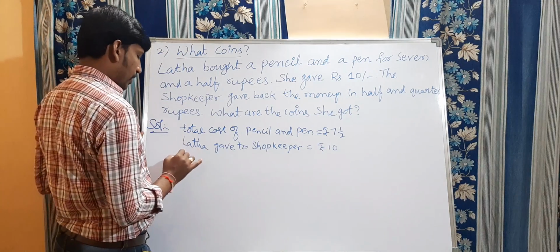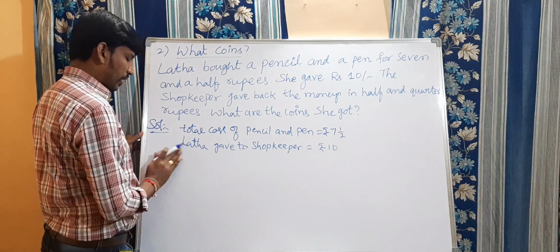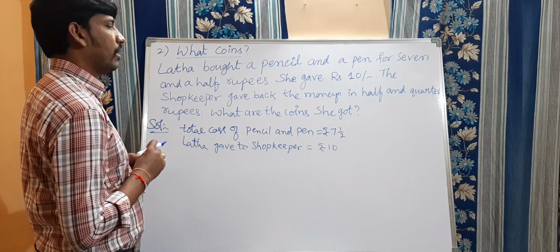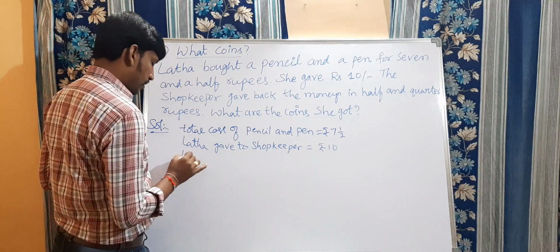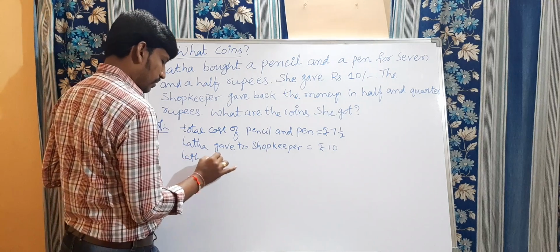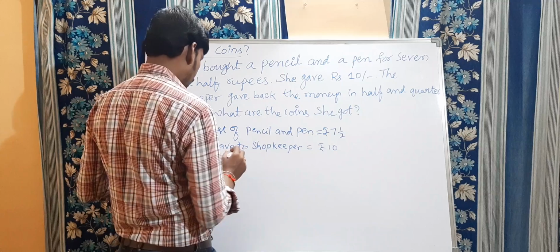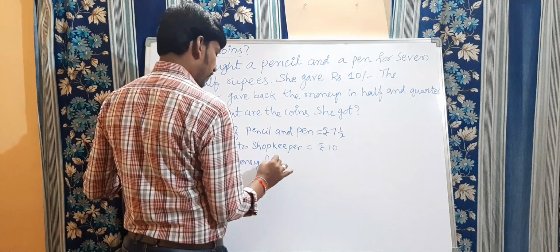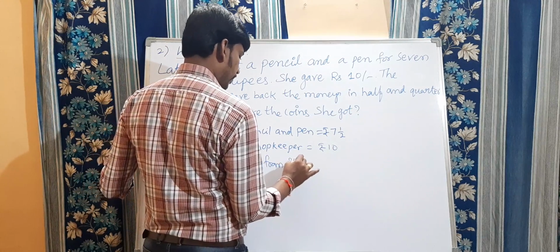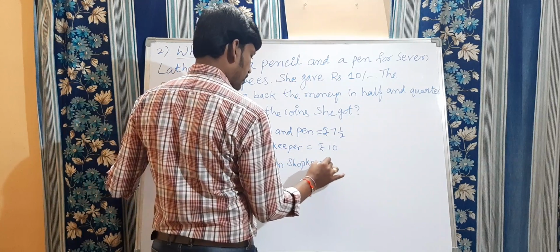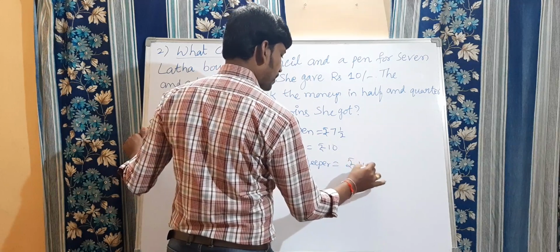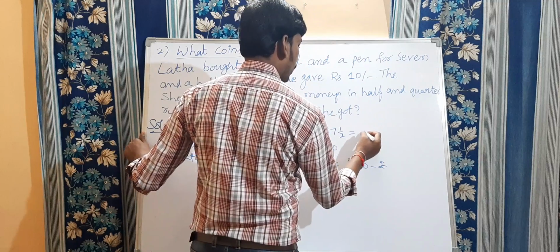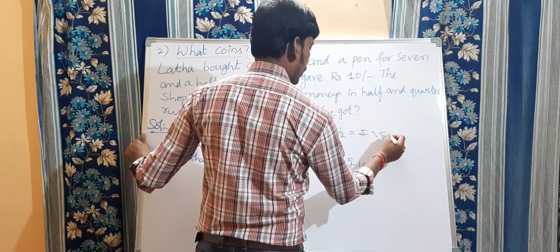How much amount is left, or comes back? The money Lata got back from the shopkeeper is equal to rupees 10 minus the total cost, which can be written as rupees 7.50 also.